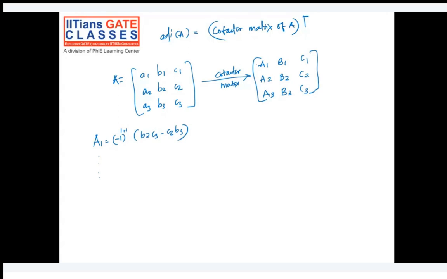Take transpose. So it is A1, A2, A3, B1, B2, B3, C1, C2, and C3. This particular matrix is called the adjoint of A. So if you divide the adjoint of the matrix by the determinant, you will get the inverse.